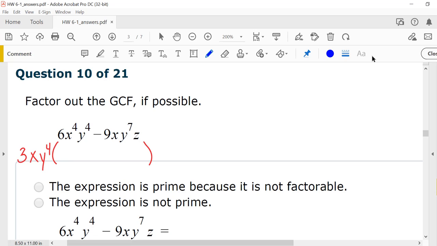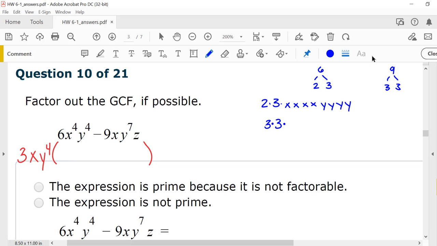So you should be moving towards that direction, being able to just visually tell. However, if you can't, I'm going to do the prime factorization of 6, which is 2 times 3. So this first term, I have 2 times 3, and then 4 x's and 4 y's. For the second term, 9 is 3 times 3.